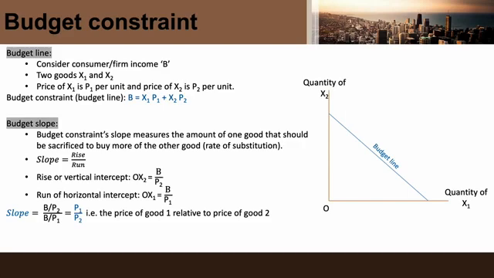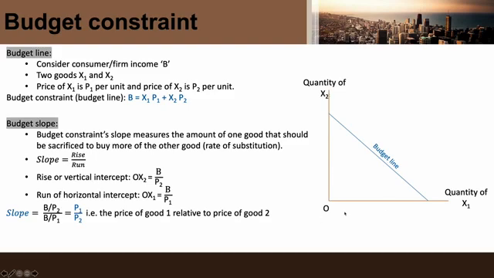Otherwise, it is unaffordable. It should also not be lower than the budget, because then you are underutilizing your income, because you can't save. There is no incentive for saving. That's the assumption. So you should use the budget fully. You can distribute this budget between two goods which are valued at price P1 per unit and price P2 per unit.